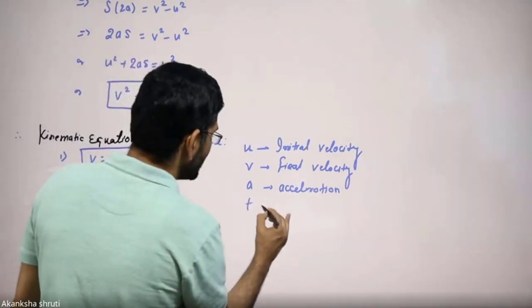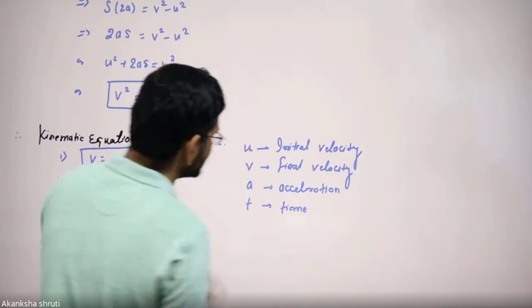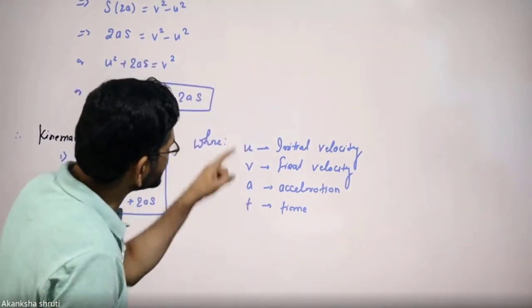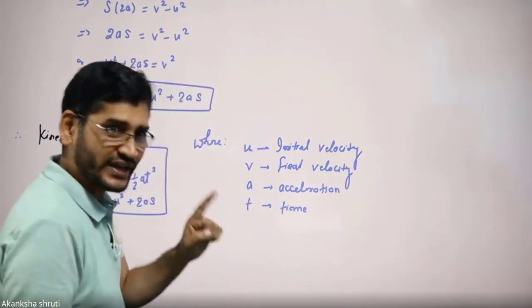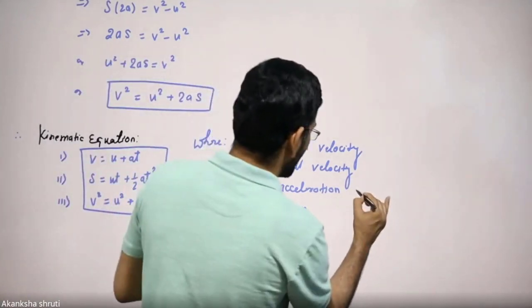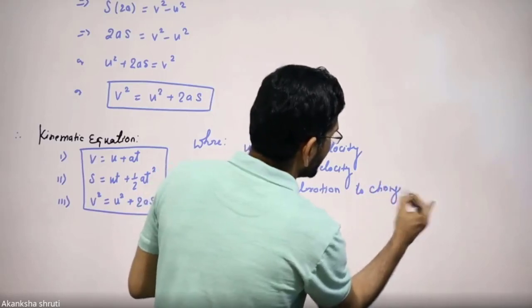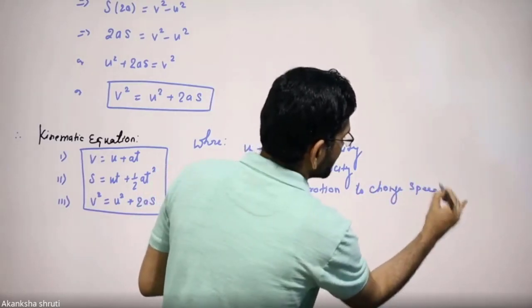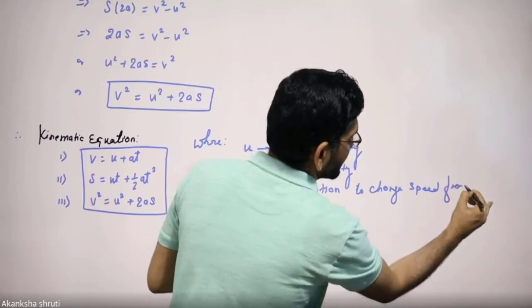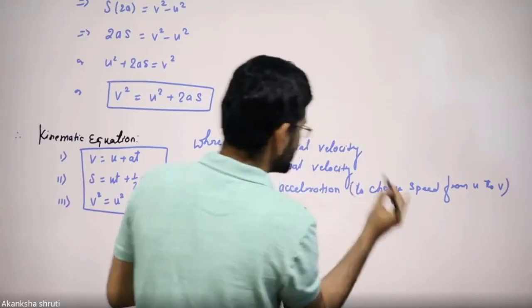And t is your time taken. This time taken is the time taken to change its speed from u to v. That you have to keep in mind. So acceleration to change, write in full form, speed from u to v, write this in the bracket.